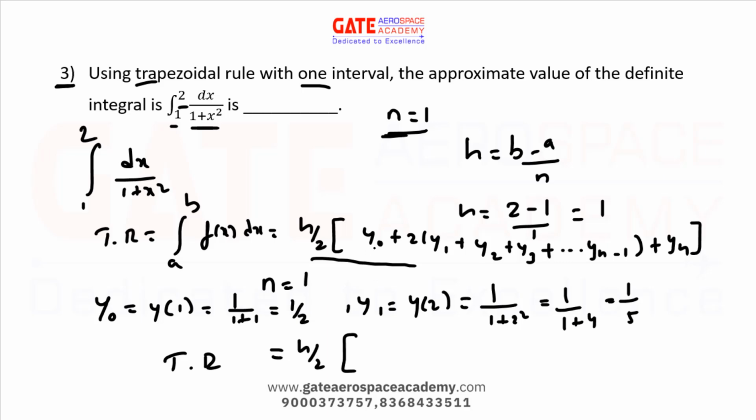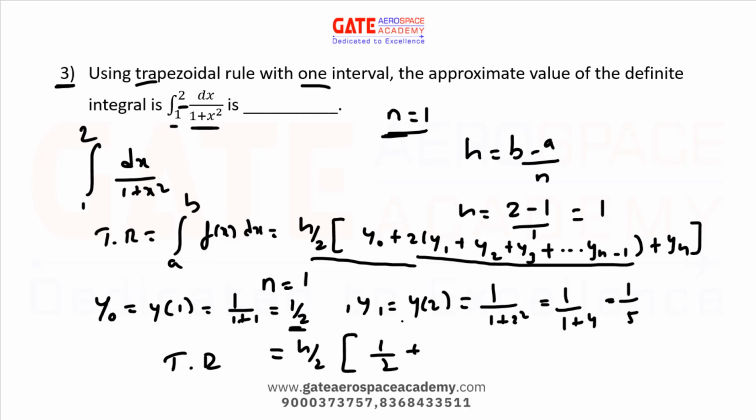Okay. So this is y0. What is y0? Just now I have calculated, that is 1 by 2. Okay. And there is no this term. We don't have y1, y2, y3. So the last term is here yn. Okay. So this is y1. So what is y1 here? Y1 is nothing but 1 by 5. Okay. Let me erase and write it neatly here.